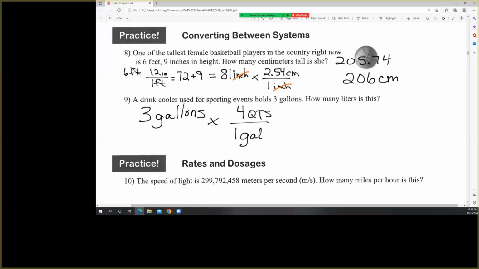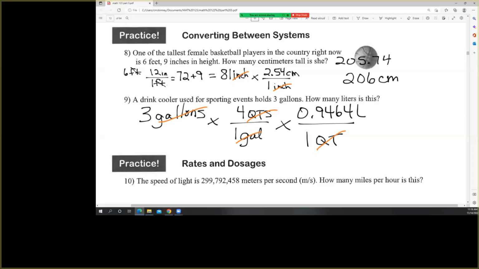Good. And then now that we're in quarts, we can do 1 quart is 0.9464 liters. Before I even do any math, I can check that the right things are canceling, and I am left with liters on the top, which is what I want.